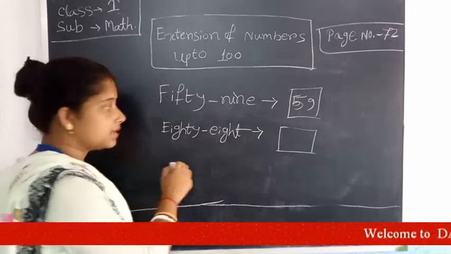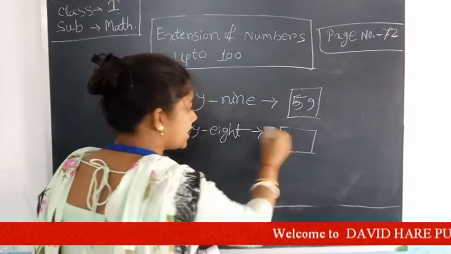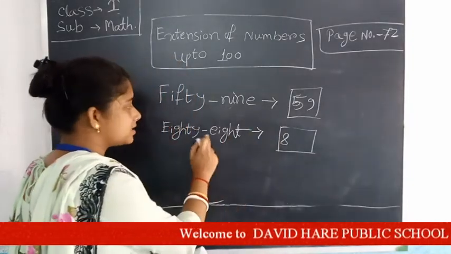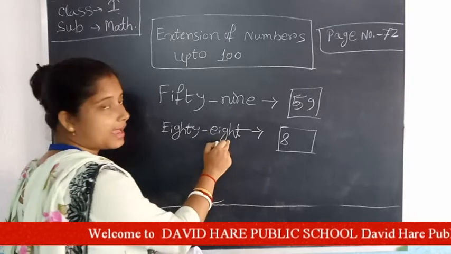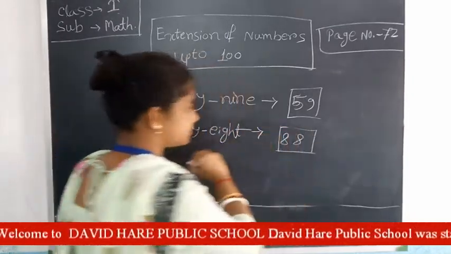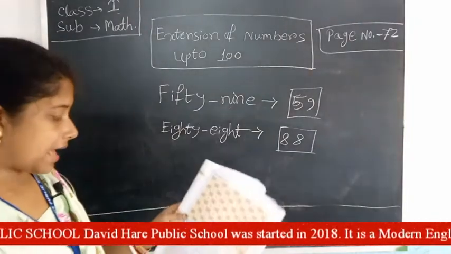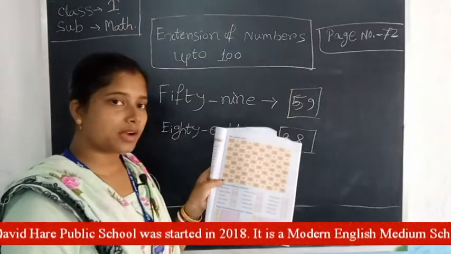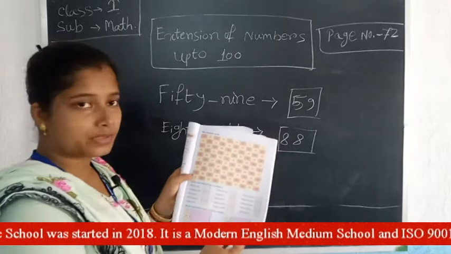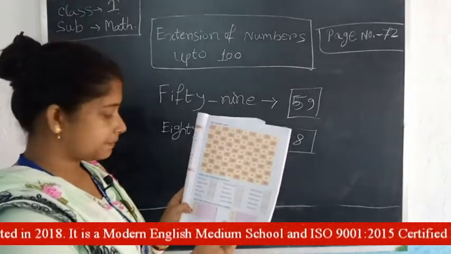So obviously the first digit will be 8 and then the second digit also is 8. So the number is 88. And similarly you can recognize all the rest of the number name.